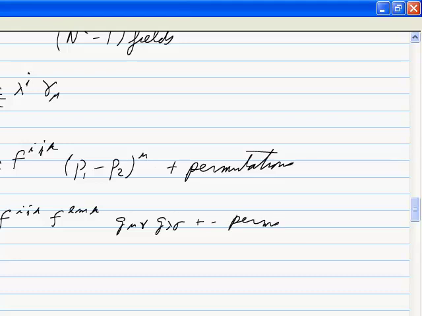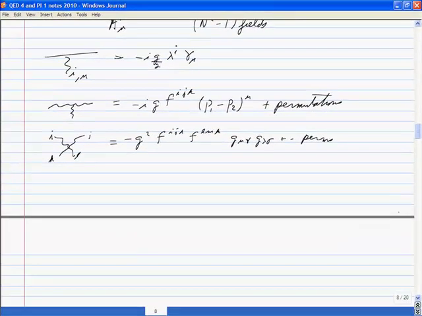And I won't write out what lambdas and sigmas are. You can look. K is summed over. So there's four free indices here, and I've chosen to call them i, j, l, and m.